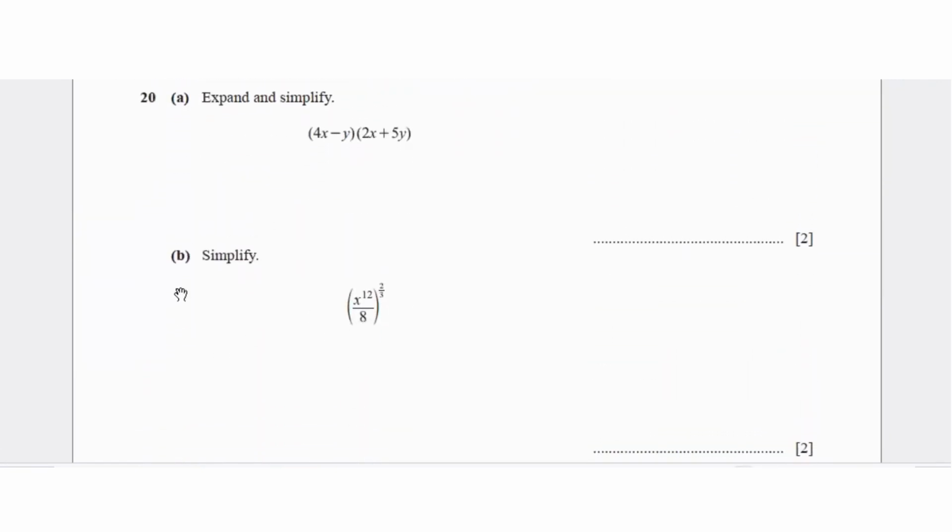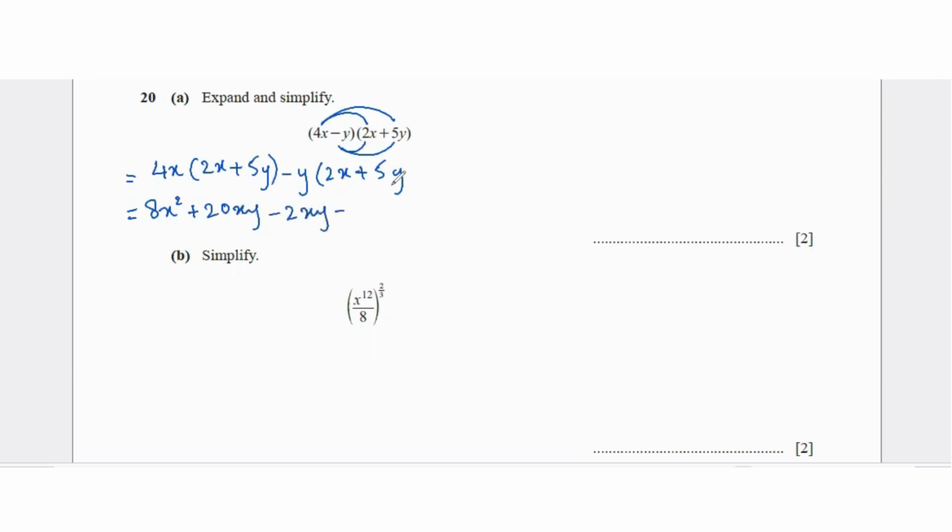Question 20 says expand and simplify. So you're going to expand the bracket. 4x gets multiplied with 2x and 5y. And then negative y gets multiplied with 2x and 5y, which means 4x times 2x plus 5y minus y times 2x plus 5y. 8x squared plus 20xy minus 2xy minus 5y squared.